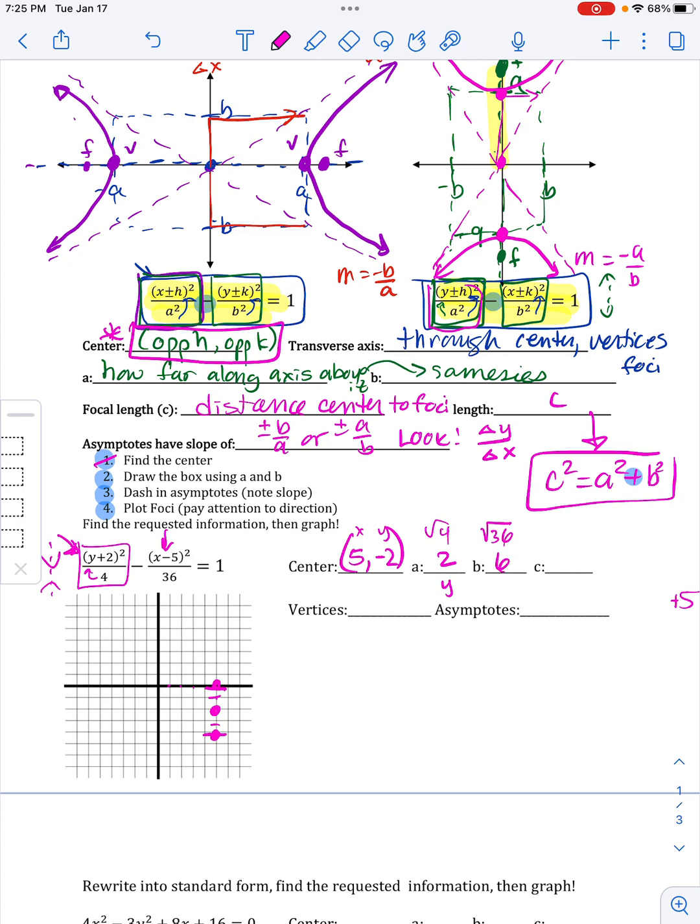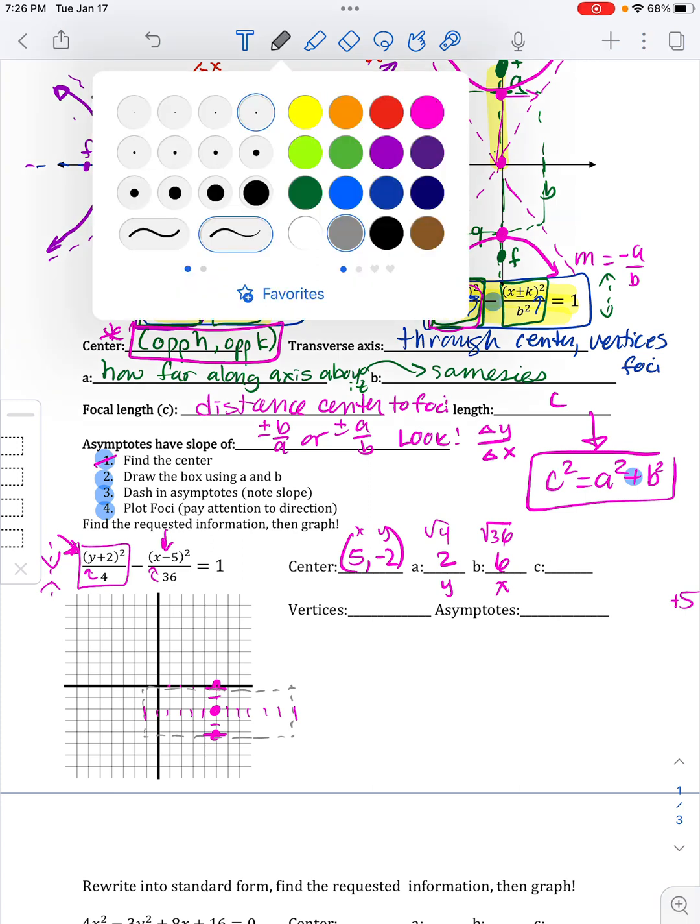This is a 6. It's under the x. So I'll be going 6 in the x direction because every time I make a graph, it has to go off the paper. It's like a rule. 1, 2, 3, 4, 5, 6. So this is going to be the box that yesterday would have contained my ellipse, but today my hyperbola is going to go on the outside of that.